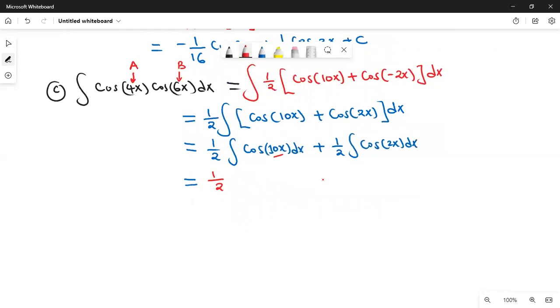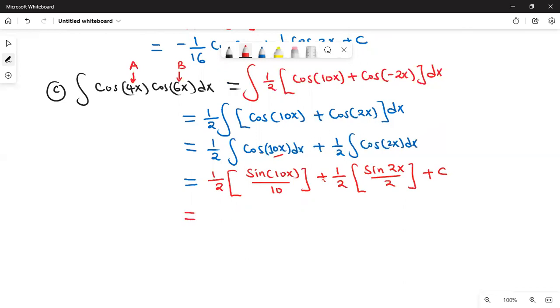Let U be 10x. When you work it out, you get sine 10x divided by 10. The other one is 1 over 2 times sine of 2x divided by 2, plus a constant c of integration.